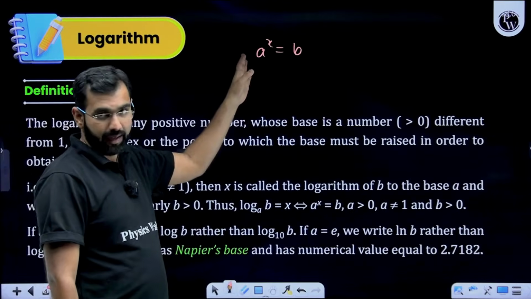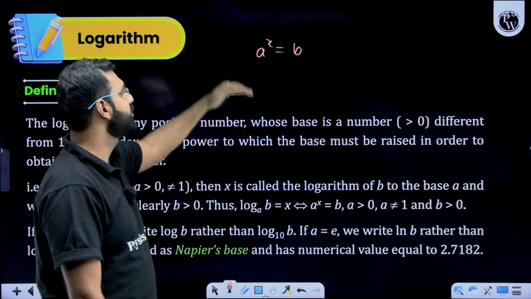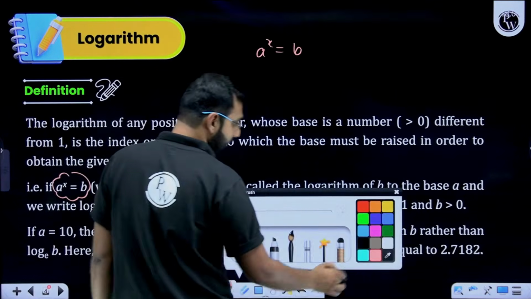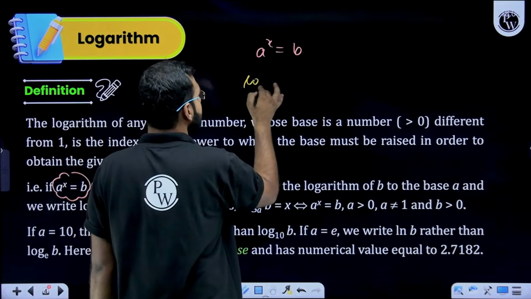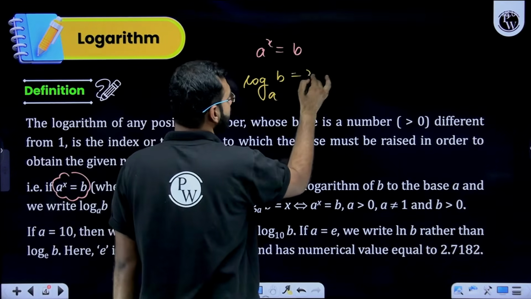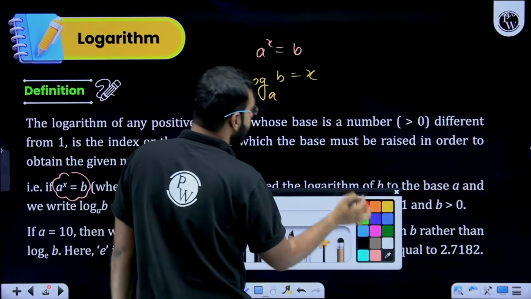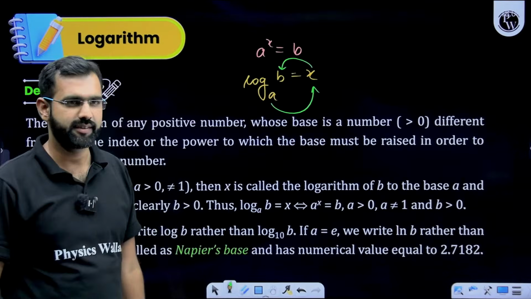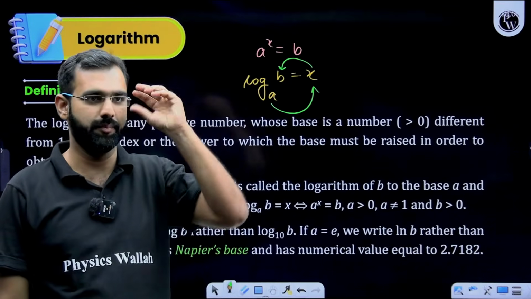Then this a is defined as base, which is raised to a certain power, and it gives you a value. Which means if I define it in terms of log, I'll be writing it as log of b at base a is equal to x, which we read as: a should be raised to a certain power so that it results into b. Everyone understanding this basic definition? Great, perfect, brilliant.